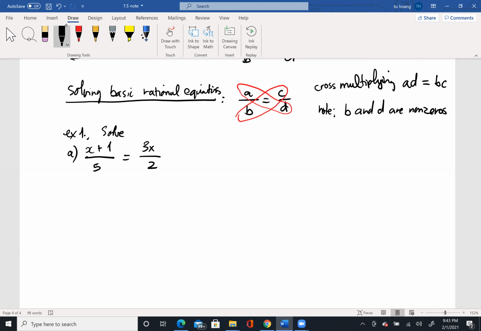So what you do is use cross multiply. So x plus 1. Remember that you should have the parentheses first, so then you don't miss that. Multiply by 2, equal to 5 times 3x.